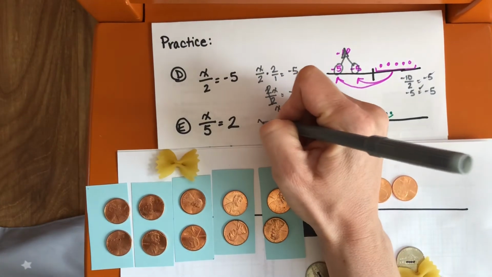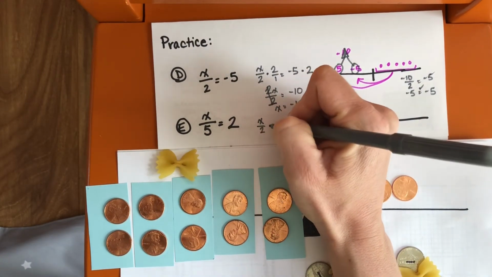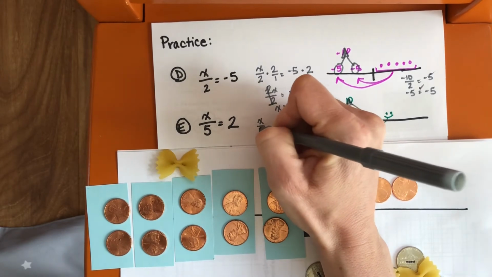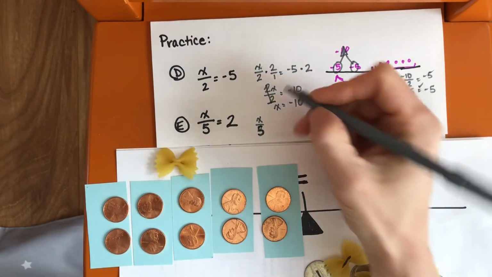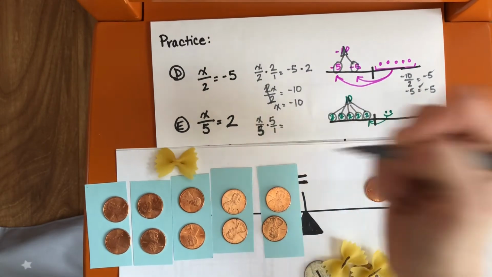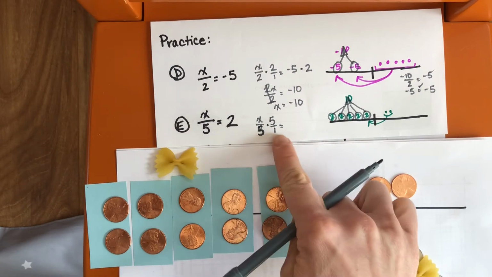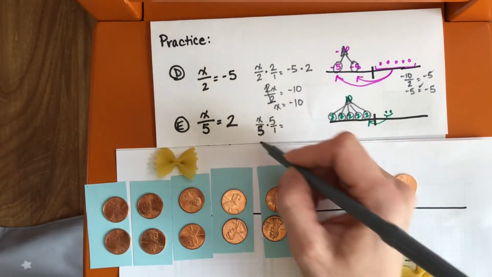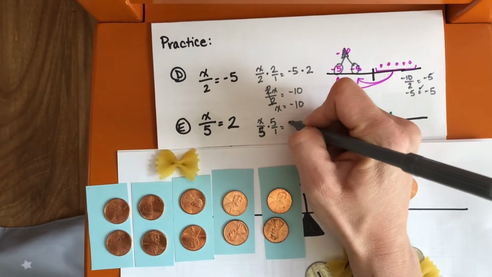We have x divided by 2. Oh, I'm sorry, x divided by 5. And what we did was we ended up with 5 groups of 2, so we multiplied by 5. And I'm putting my 5 over 1 because that's still equal to 5, but it helps me keep track how to multiply numerator by numerator, denominator by denominator. And that's equal to 2.